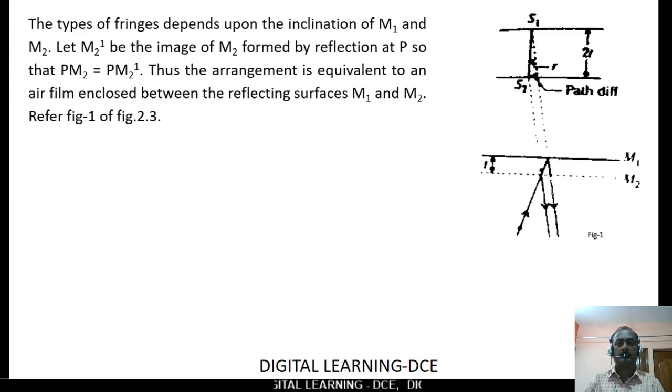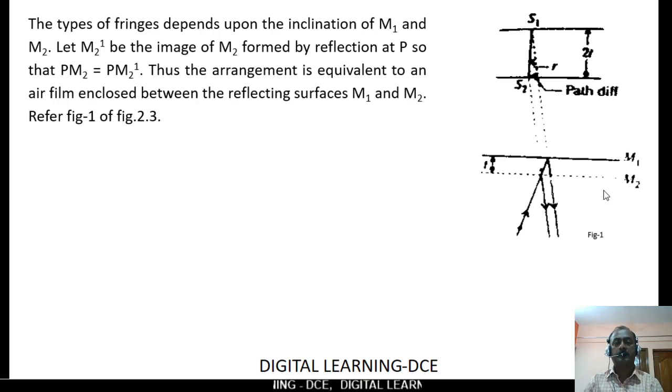Types of fringes depend upon the inclination of M1 and M2. As already seen in the Michelson interferometer, the types of fringes depend upon the inclination of M1 and M2.